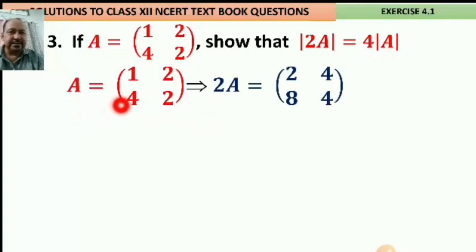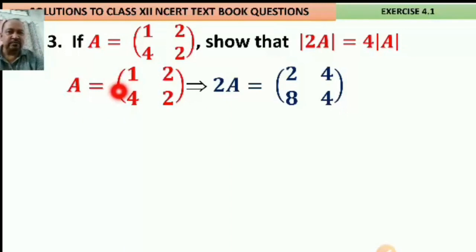This is a matrix A, 1, 2, 4, 2. You have to show that determinant of 2A equals 4 times determinant of A. As matrix A is 1, 4, 2, 2, you can multiply matrix A by 2 directly.